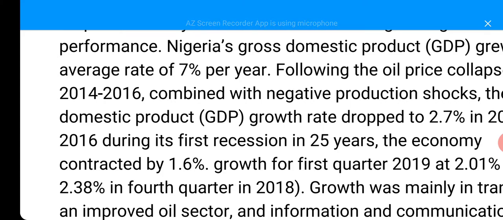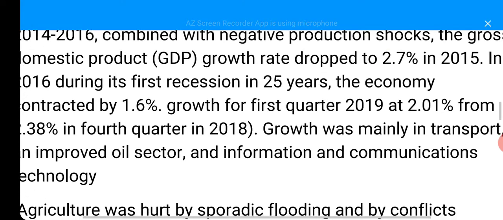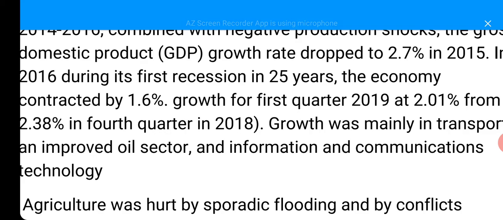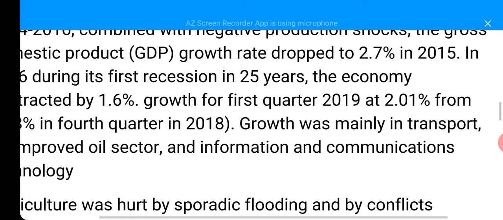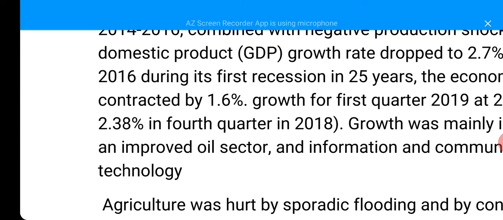Growth for first quarter 2019 is at 2.01%. So as at first quarter of 2019, the growth of GDP is at 2.01%. That is, the rate at which the GDP has been growing is 2.01% from 2.38% in fourth quarter in 2018.